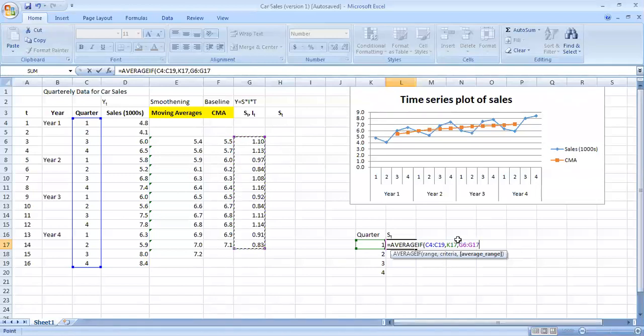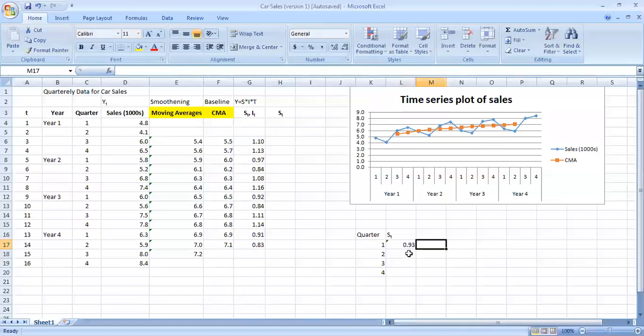But you have to make sure this particular range corresponds to this particular range, so make sure they are at the same level. So lock it down. And press tab. So you are getting the same value that we have got before also.